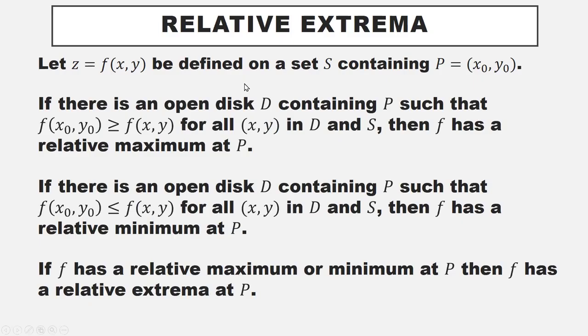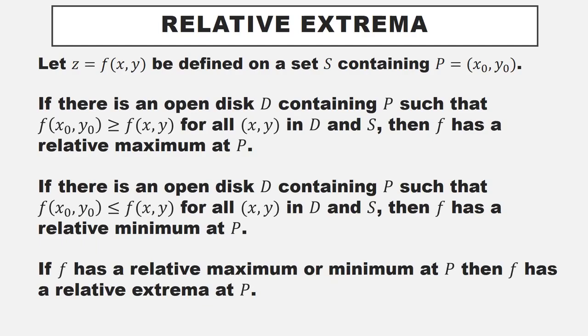Now, we can also take a look at relative extrema. So we'll take the same assumptions we had in our last slide. A relative extrema is a little bit different.